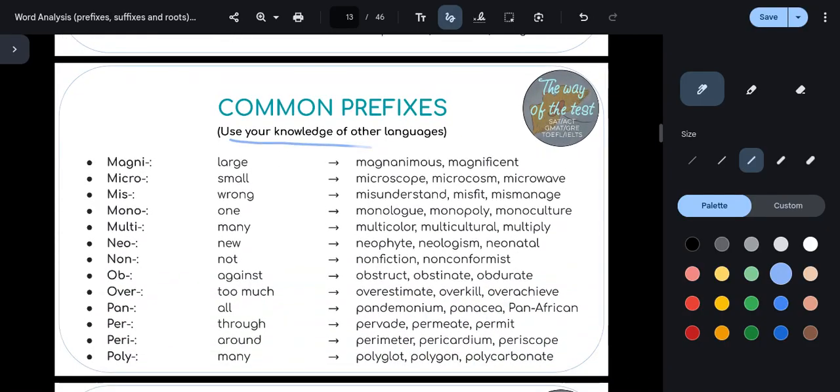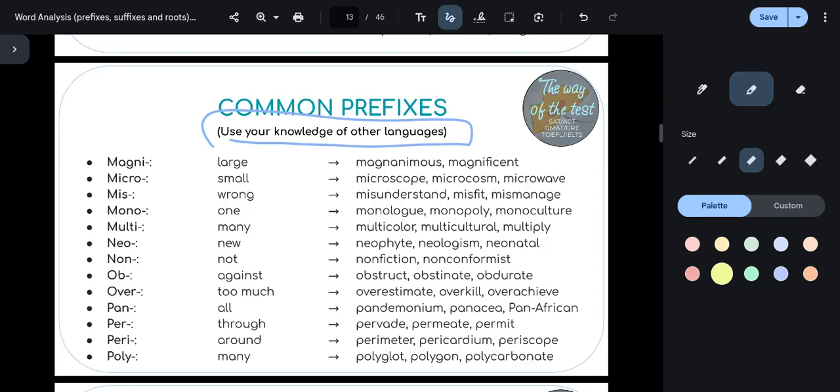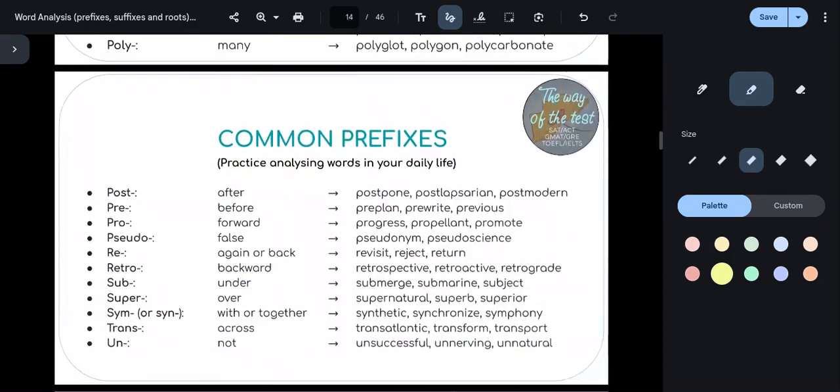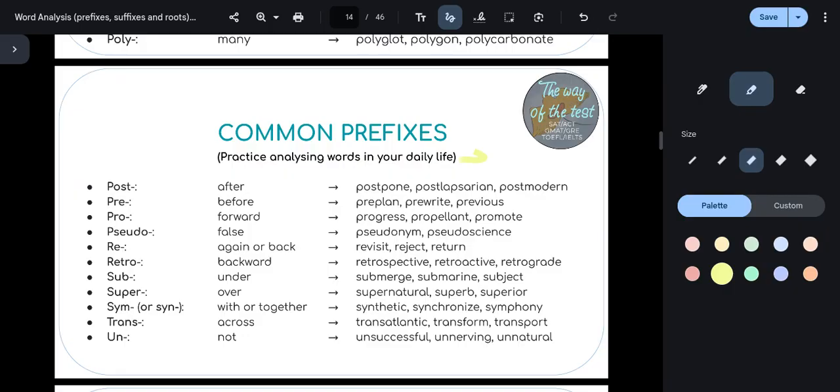Also, as I have been saying, the prefixes, suffix, root form also exist in other languages. So whatever other language you speak, you read, or you just can understand, even barely, use it. Try to find the same prefixes, the same suffixes, even the same roots in those other languages. That's probably going to make you expand your knowledge of the words in English. And finally, practice analyzing words in your daily life, which means don't just think of the complicated words that come around in the exam.